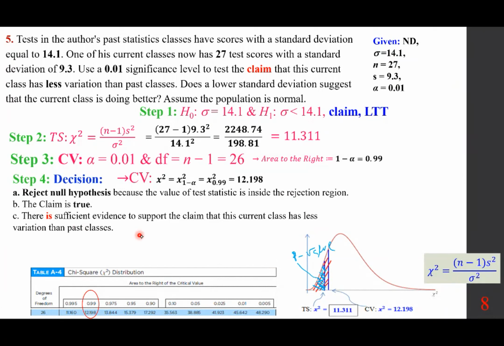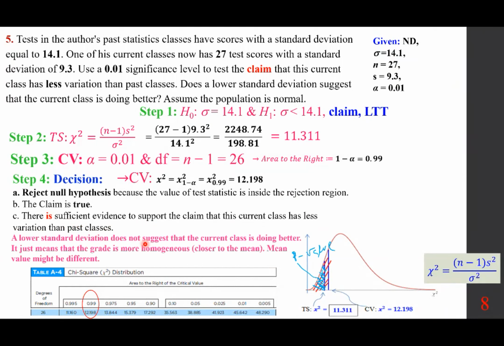So there is sufficient evidence to support the claim that the current class has less variation than past classes. However, a lower standard deviation doesn't suggest that the current class is doing better. It just means that the grades are more homogeneous, closer to the mean. The mean value might be different, that's a different story. It just means that the students are closer to each other.